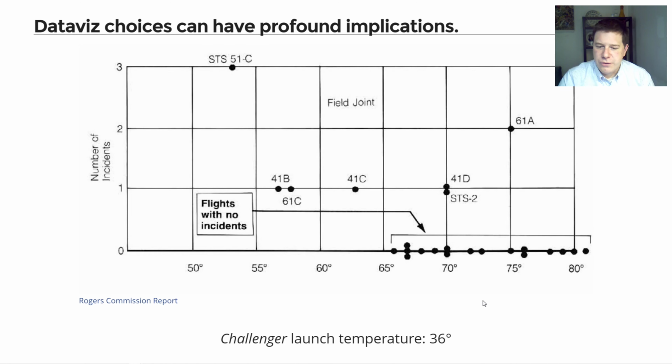Here's what this plot should have actually looked like, where before they didn't actually plot any of the flights where there were no hardware incidents. And you can see that they're all happening above air temperatures at 65 degrees. So I think when you say, hey, we should probably also include the 0 points in this visualization, suddenly you come away with an extremely different takeaway than you would before.